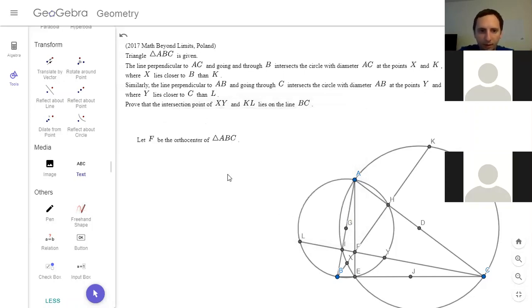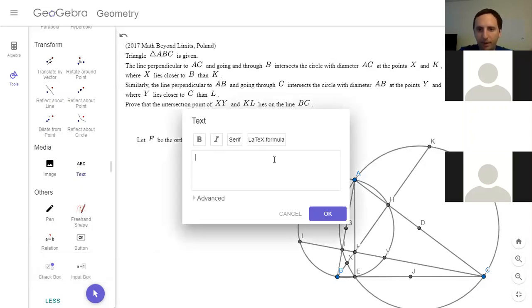Then by power of a point, LF times FY is equal to AF times FE, which is equal to KF times FX. And that means that LXYK is cyclic.